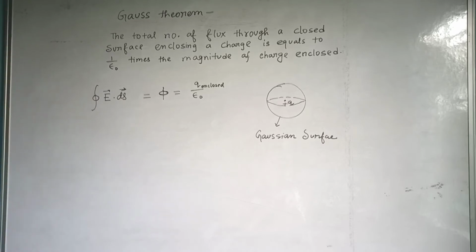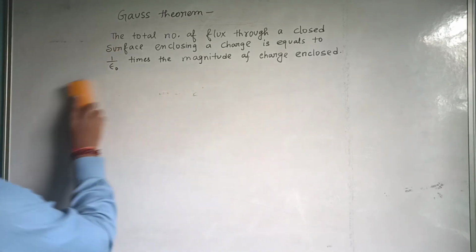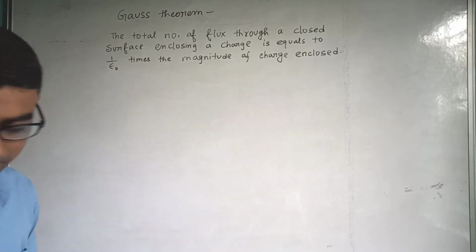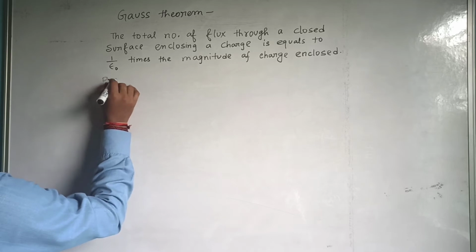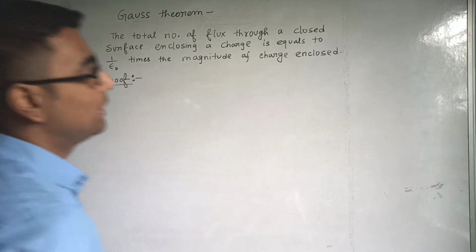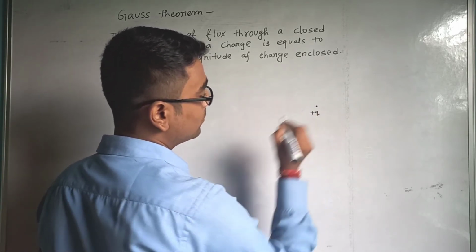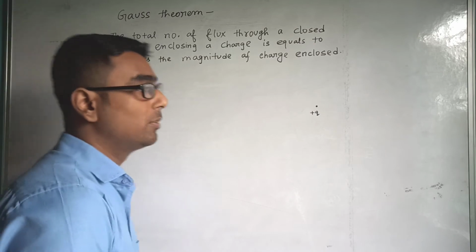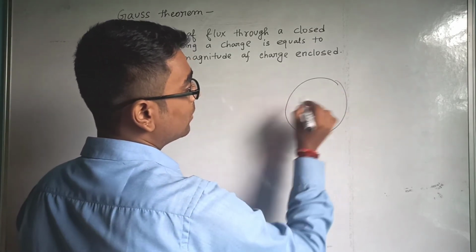Now we will prove this Gauss theorem. Proof. Let us consider a charge plus q here. Now we consider a Gaussian surface like this.